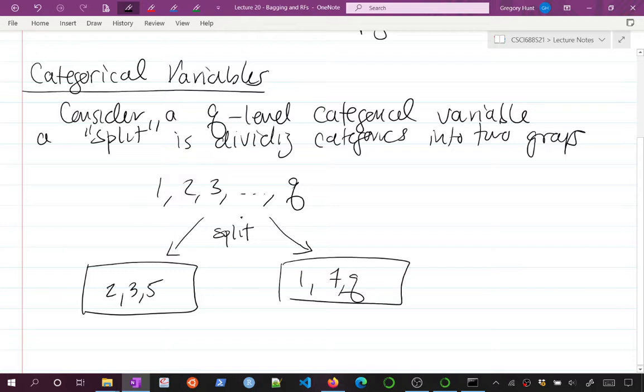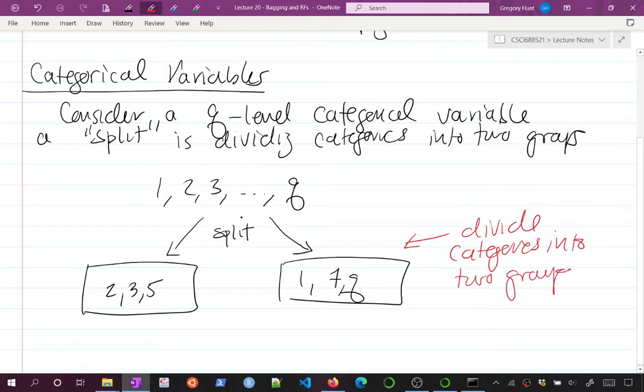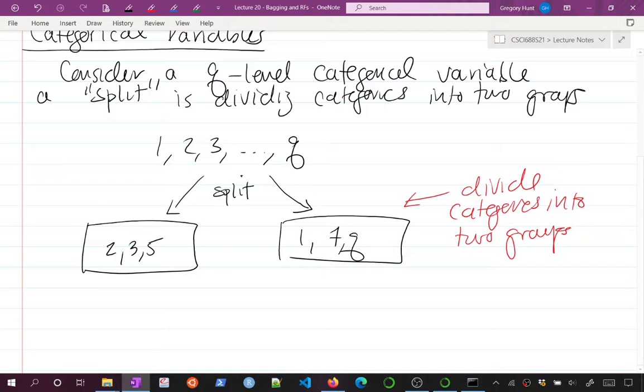So you just divide the categories into two groups. And that's basically a split for a categorical variable.